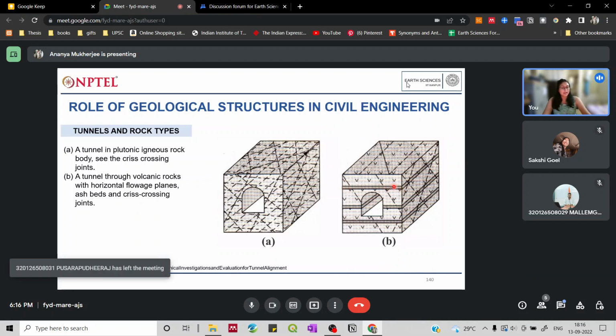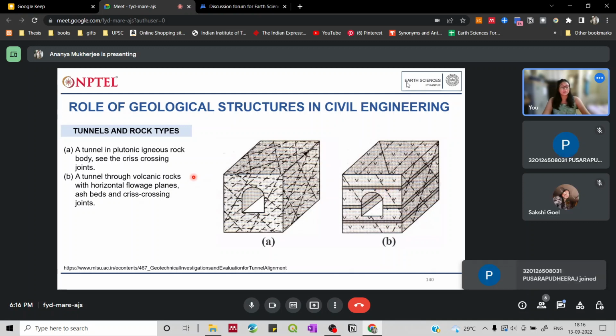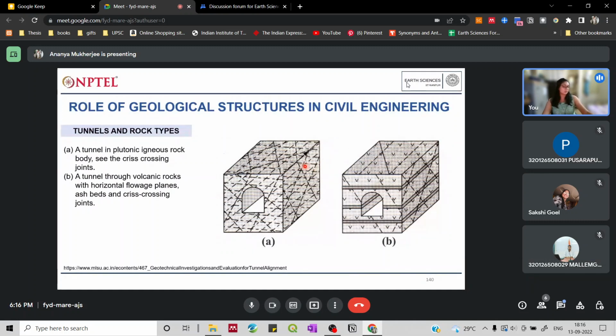Now these are ash beds, and these can also be considered as weak planes, weak bedding planes again. We can see that the crisscrossing joints will also play a role over here. But igneous rocks are probably the best suited area where you can have tunnels.